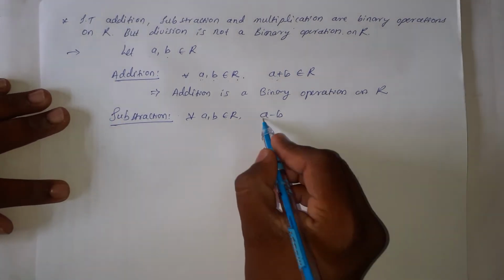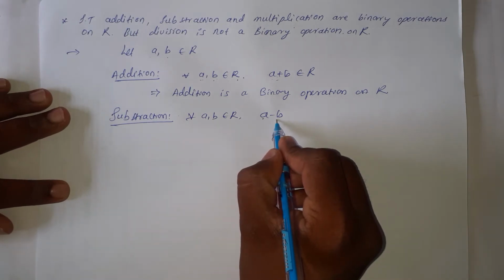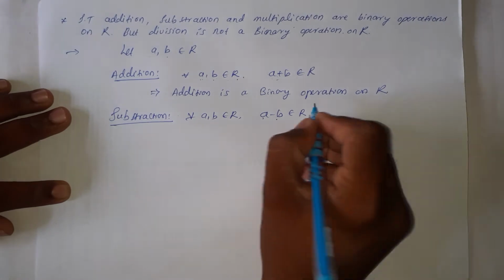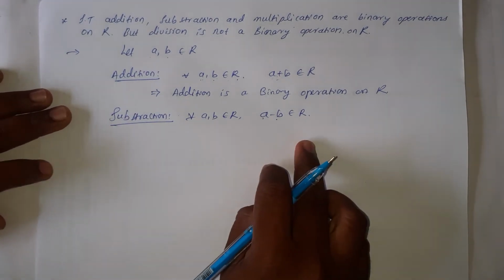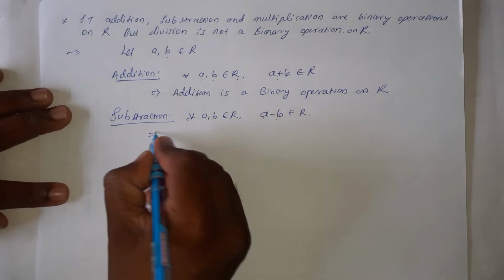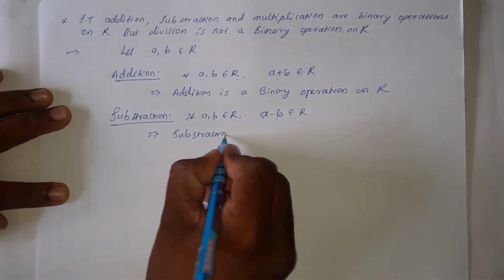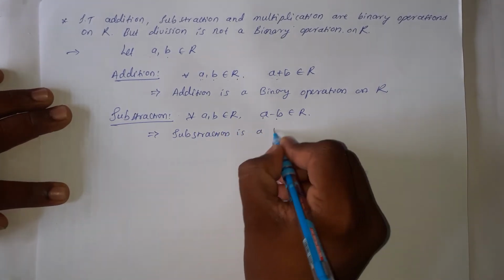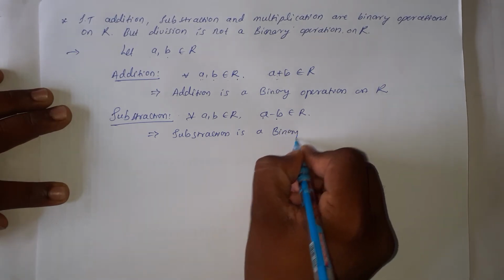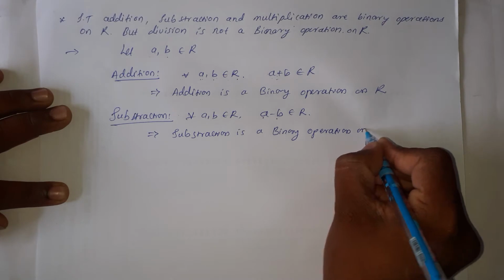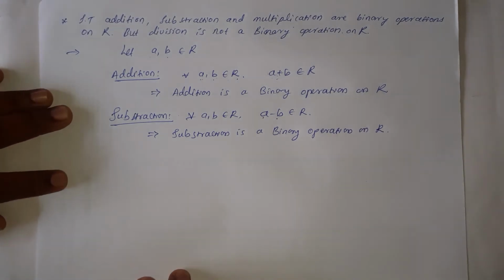Therefore, a minus b is a real number, then it belongs to the set of real numbers. Then by the definition of binary operation, we can say that subtraction is a binary operation on the set of real numbers.